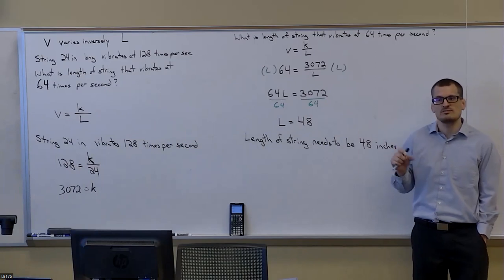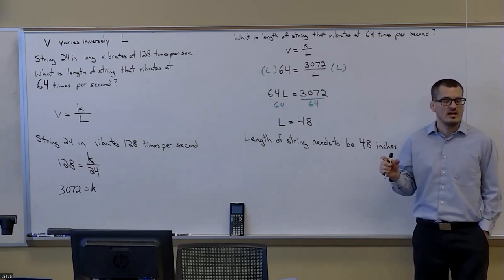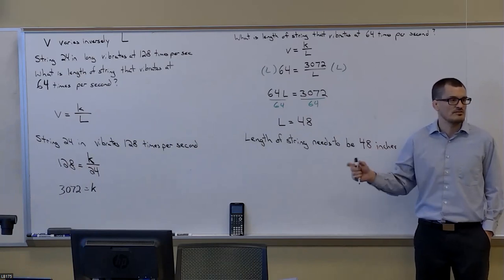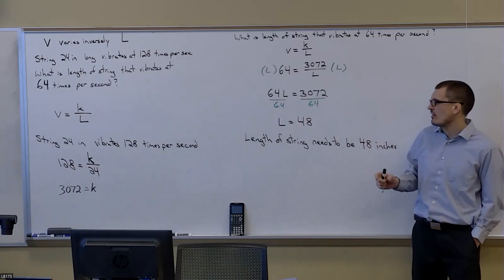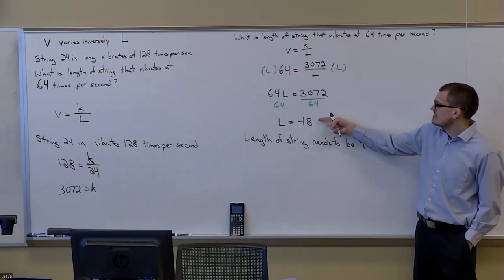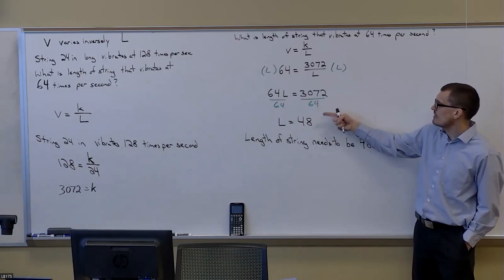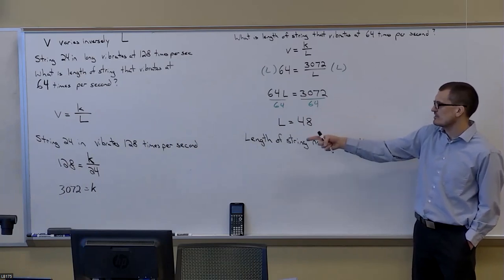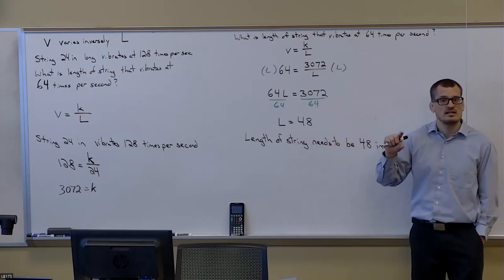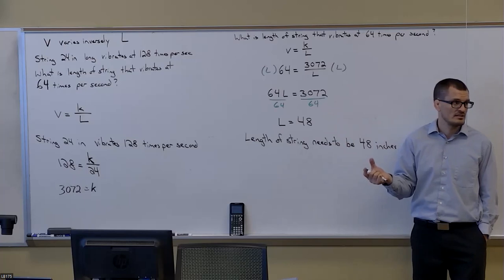As you increase by a certain factor, the output is increased by a similar factor, right? Or in this one, if I double the length of the string, the vibrations get halved, right?